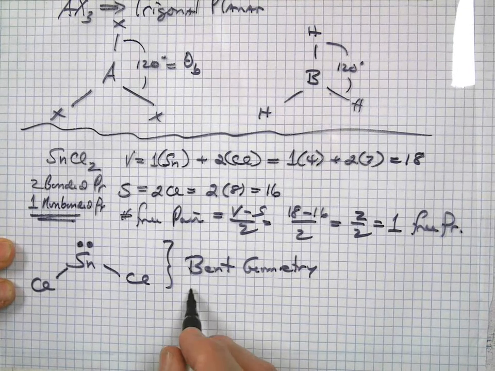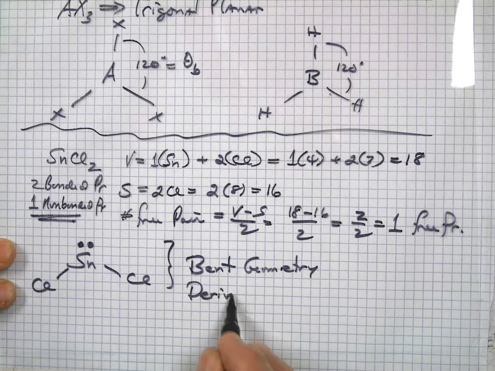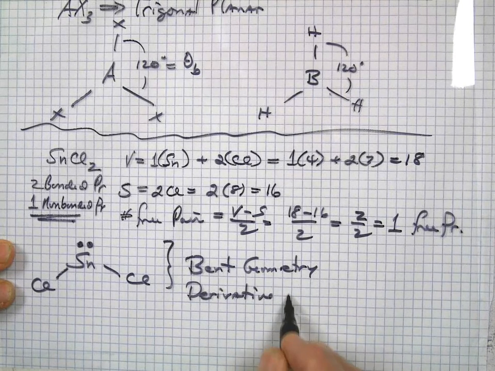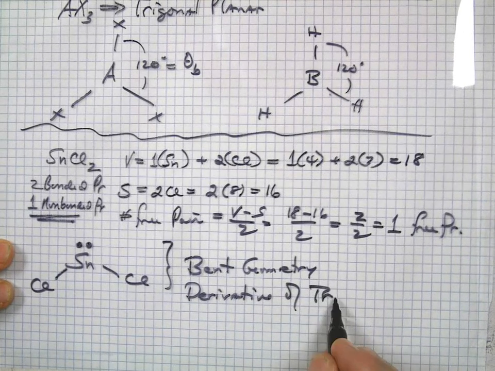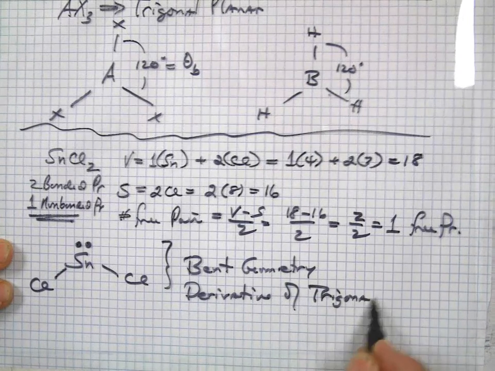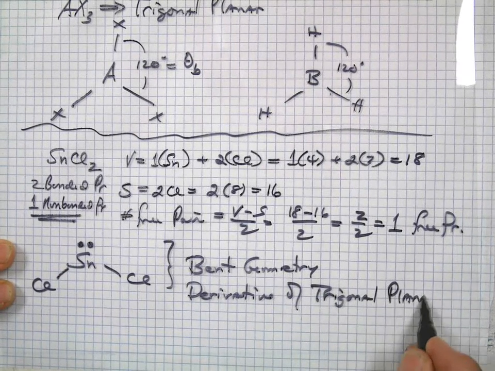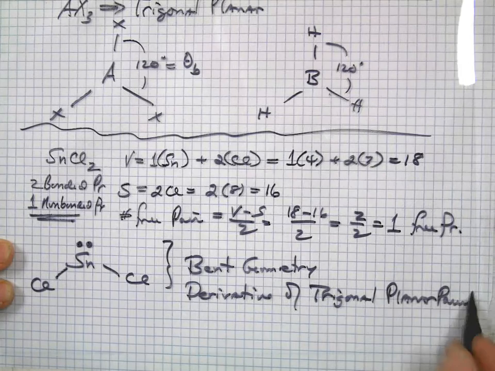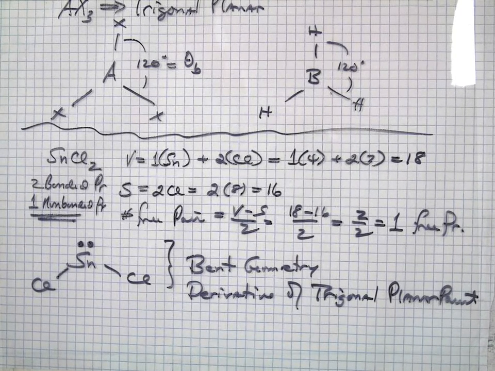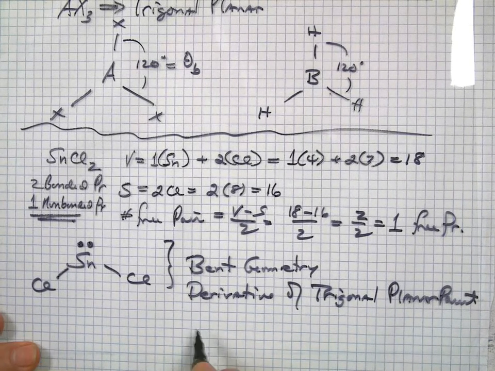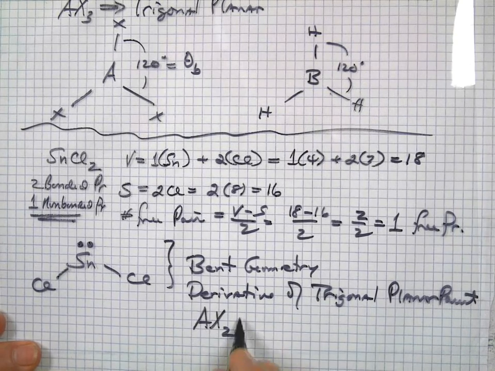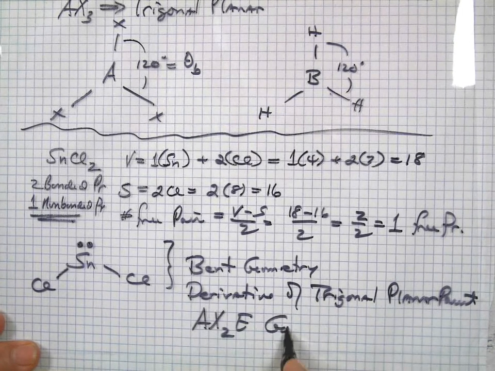And it is a derivative of the trigonal planar parent, and it's typically listed as an AX2E geometry.